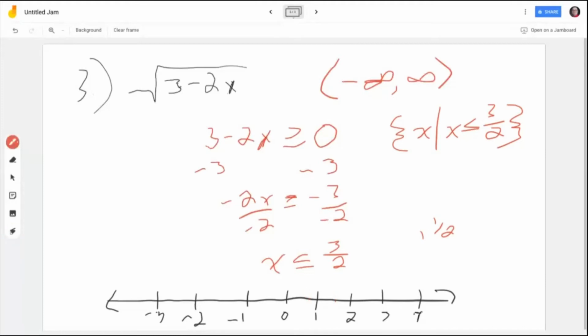And so we know that it is less than or equal to that. So that means it's going to have a bracket there, and then it's everything to the left of that. Let's just use a paintbrush.